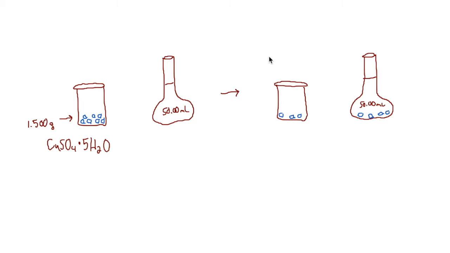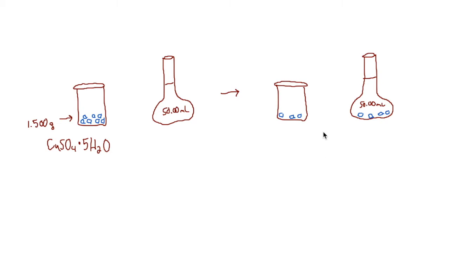So what we're saying happened is that you were rushed or not very observant, and so you left some behind in this beaker, and not all 1.500 grams made it into your volumetric flask to be dissolved in your stock solution.